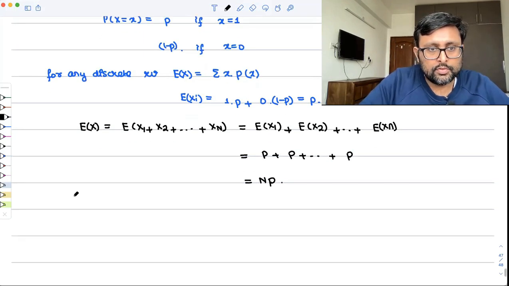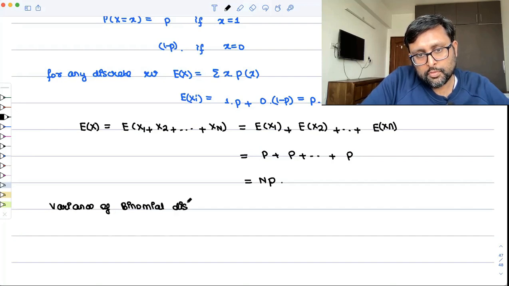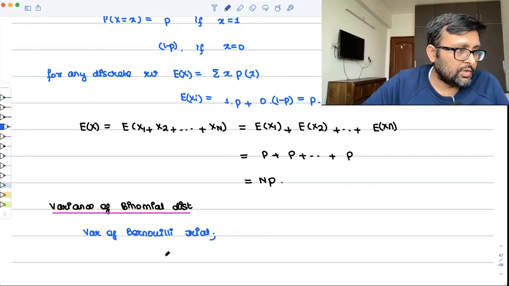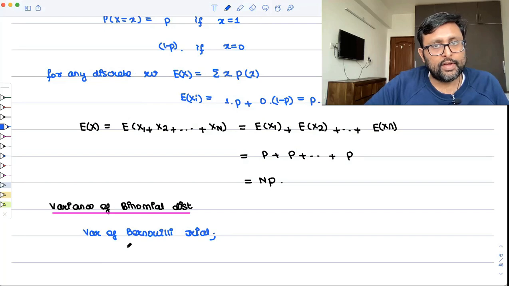Now the variance of the binomial distribution. How do we write this? In a Bernoulli trial, x can take only two values, either 0 or 1. When xi is 0, xi square is also 0. When xi is 1, xi square is also 1.